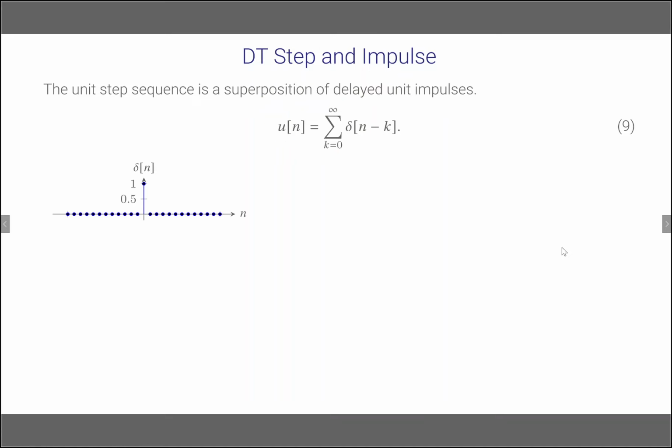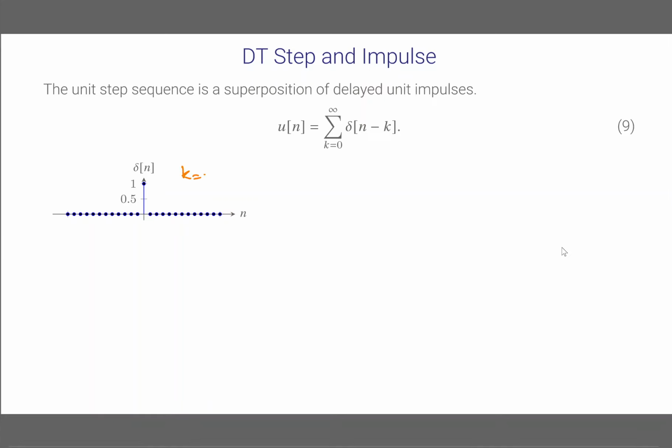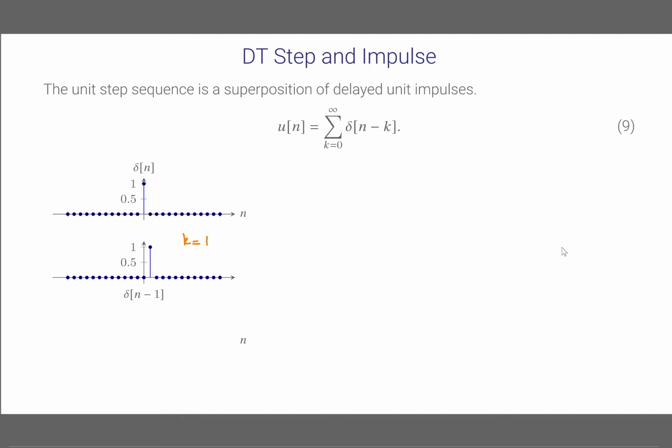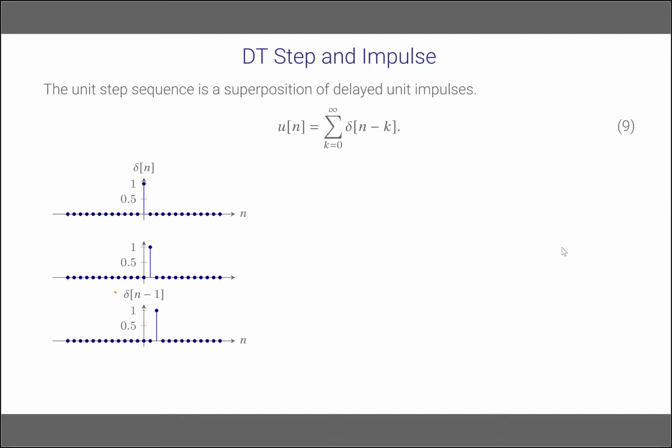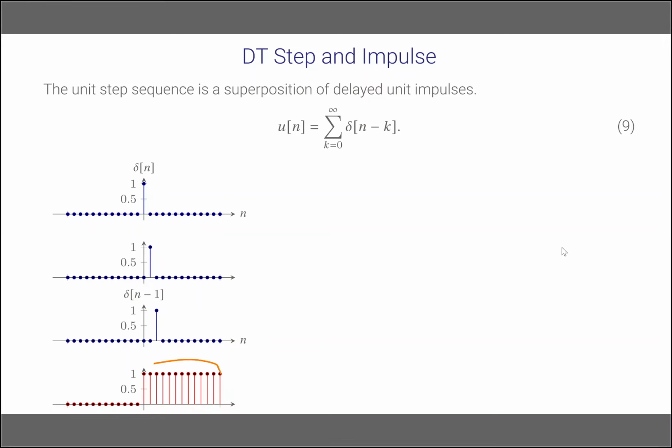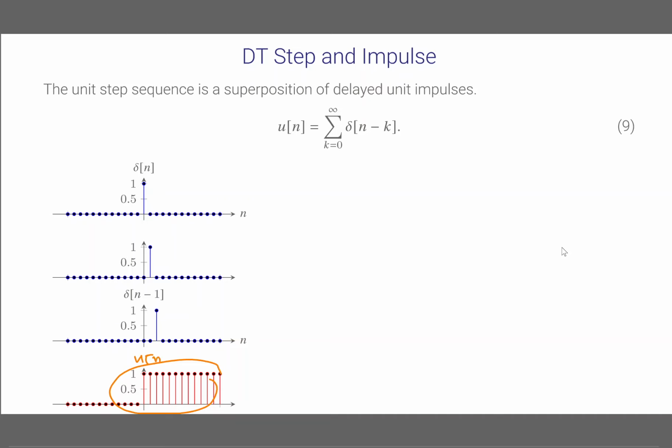So we can draw delta[n] here because this is the case where k is equal to 0. When k is equal to 1, we have delta[n minus 1], see? And then we can draw the others also: this is delta[n minus 2], and as k increases, you get delta[n minus 3], delta[n minus 4] and so on. So when we add them all, you will get u[n].